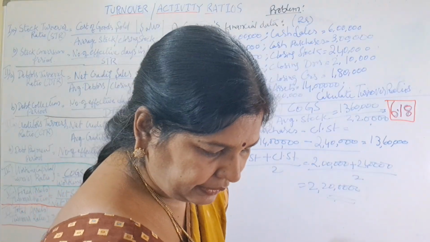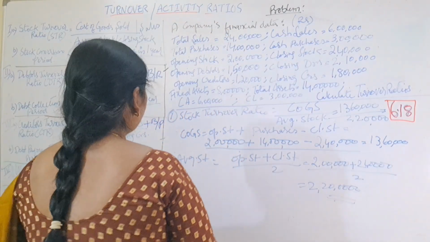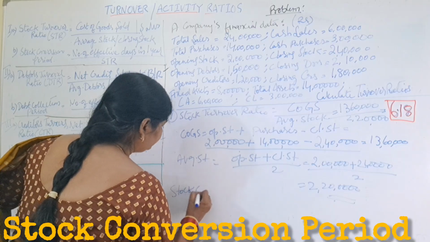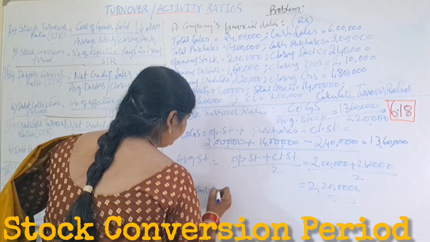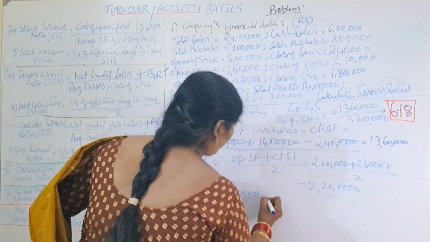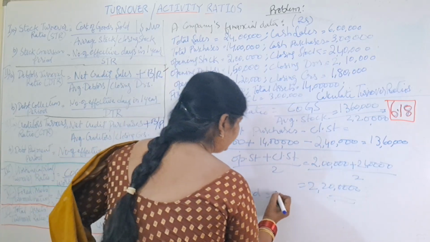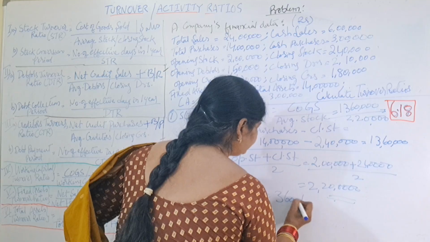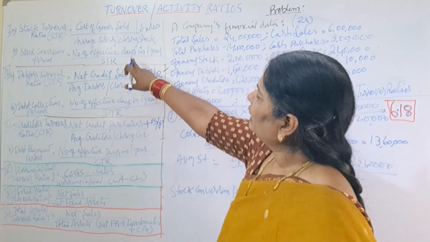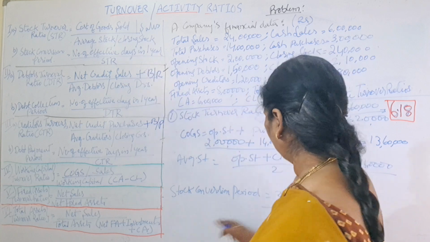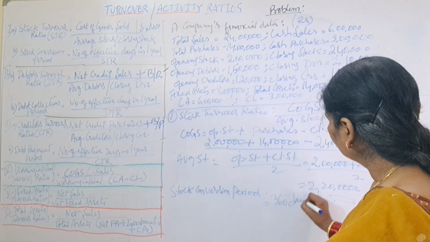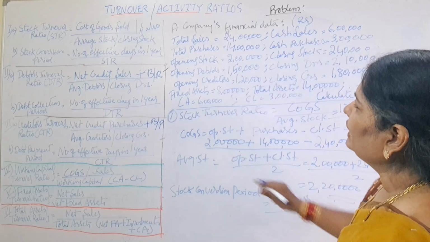Now we'll calculate stock conversion period. So stock conversion period is equal to number of effective days in 1 year, which is 360 days, divided by STR.